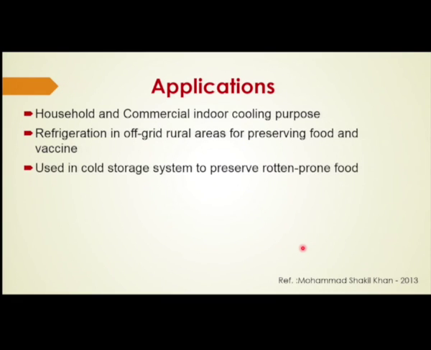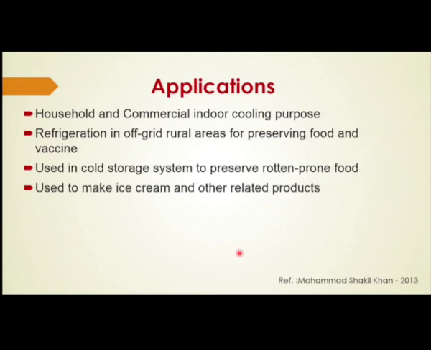It is used in cold storage systems to prevent food from rotting, and used to make ice cream and other related products, as the requirement for refrigeration is increasing day by day, and this solar refrigeration system is very needful and an important application nowadays in the present environmental conditions.